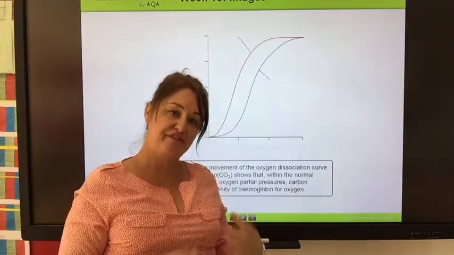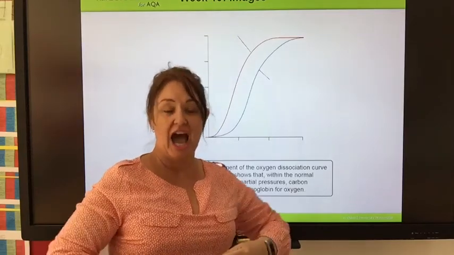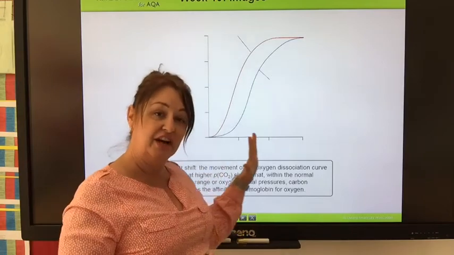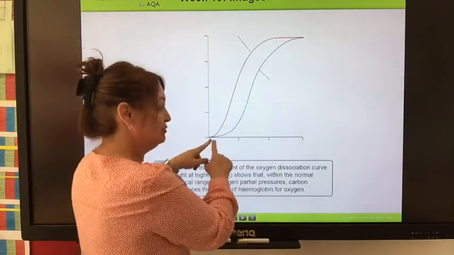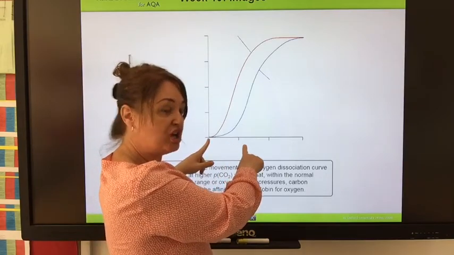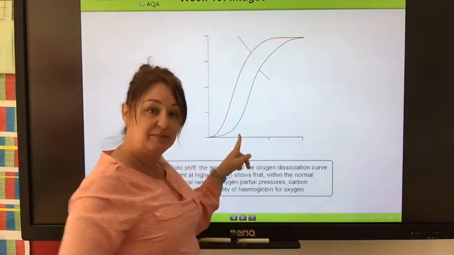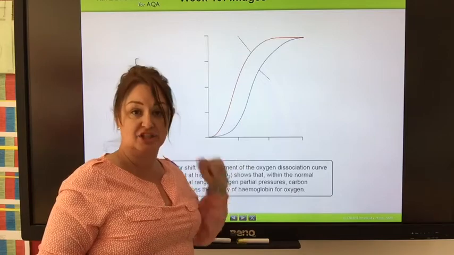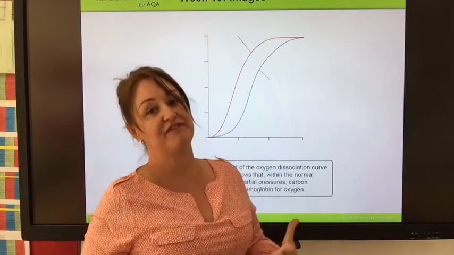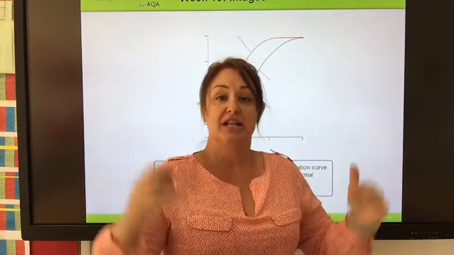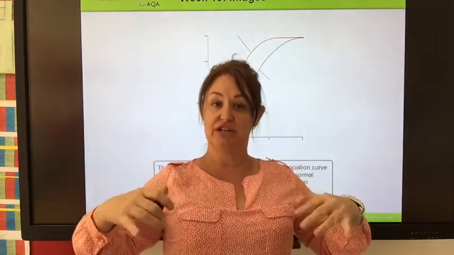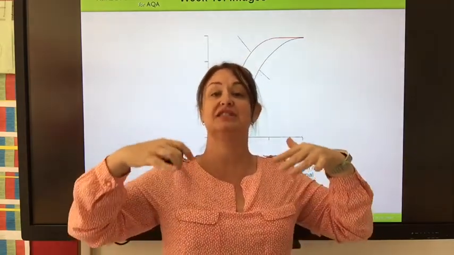So the Bohr effect, or the Bohr shift, has lowered the affinity of haemoglobin for oxygen, because we need a much higher partial pressure of oxygen before haemoglobin will bind to it. And this is perfect for our cells. Whenever respiration is taking place, the oxygen levels decrease and the carbon dioxide levels increase.